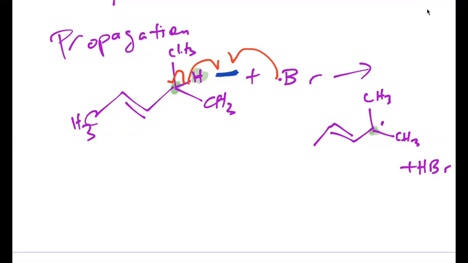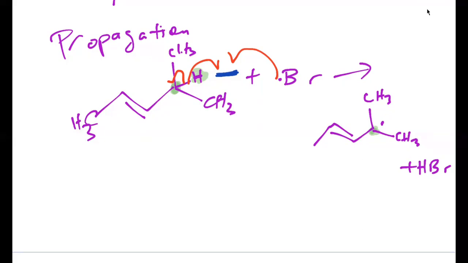All right, we cool so far? Let me ask you this: that allylic radical, what can it do? Radicals are not stable. So what's one way to stabilize a lone pair of electrons or a plus charge or a minus charge?